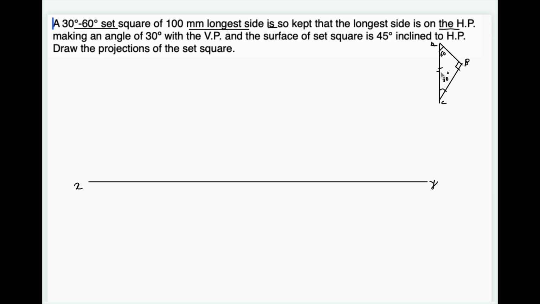So this is the longest side, the length of this side is 100, and it is in HP, making an angle of 30 degree with VP.